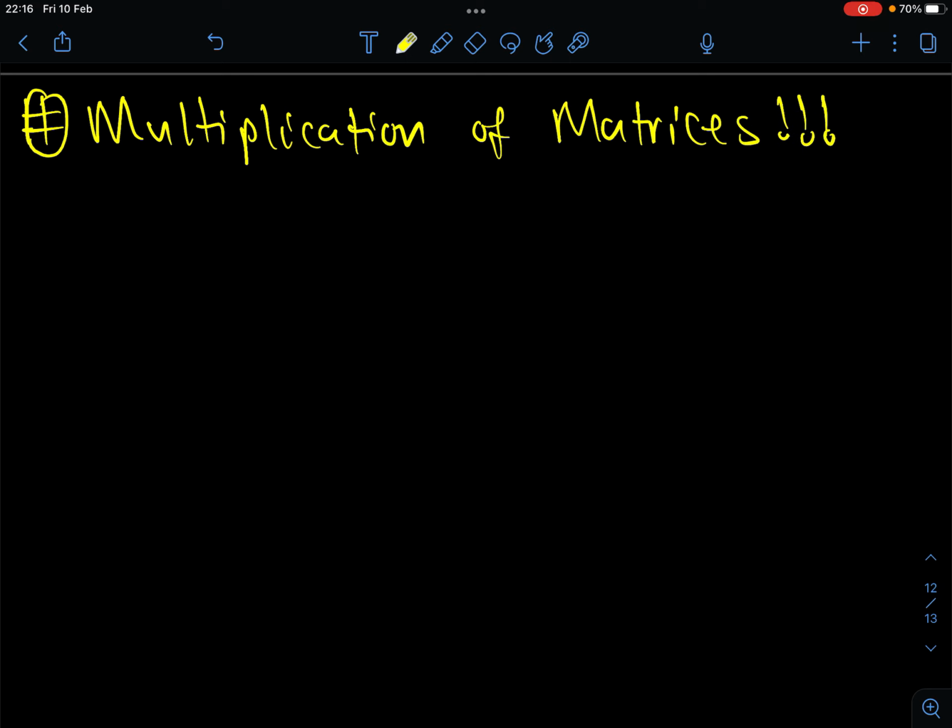Multiplication of matrices. You see that?